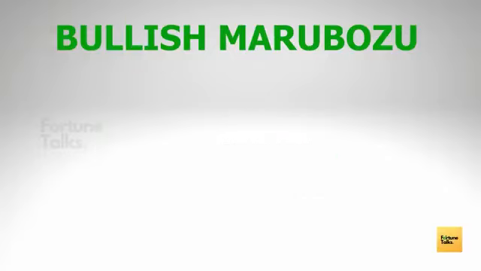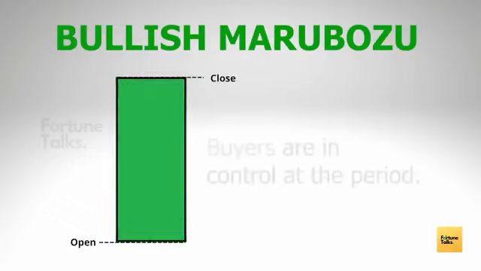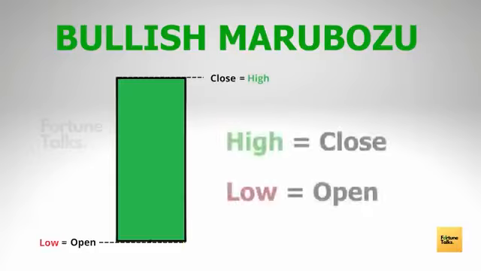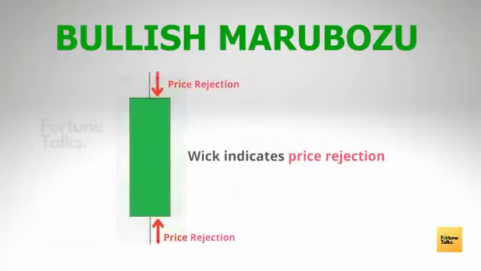The OHLC of the candle is as follows. Since it is a bullish candle, the buyers are under control, so the closing price is higher than the opening price. Since there are no wicks on either side, the high and low prices coincide with the close and open prices respectively. As a rule of thumb, the wick of a candle indicates price rejection or opposition by the opposite party.